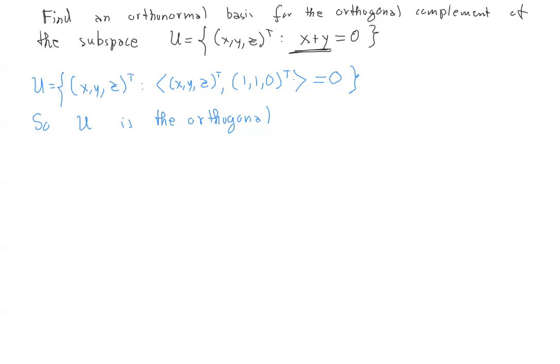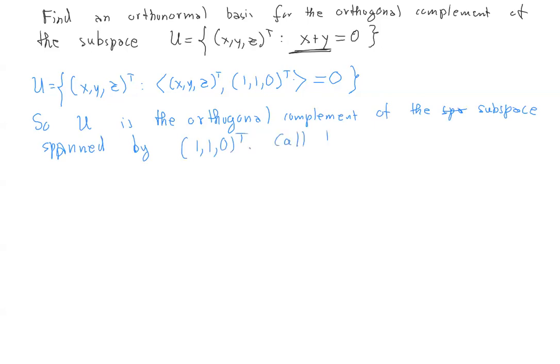So U is the orthogonal complement of the subspace spanned by the vector 1, 1, 0. Call this subspace V, just for the sake of the argument. You will see why, because I wanted to tell you that U is the orthogonal complement of V.